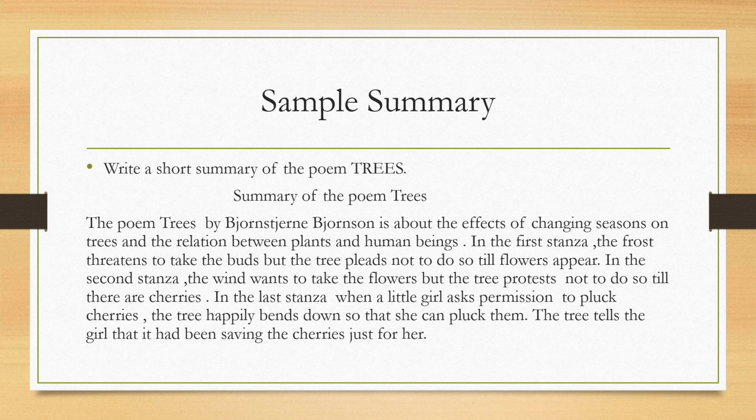The frost. And then you should have underlined threatens to take the buds, because the frost threatens to take the buds. And then what the tree does was to plead not to take the buds till flowers blossom or till flowers appear.